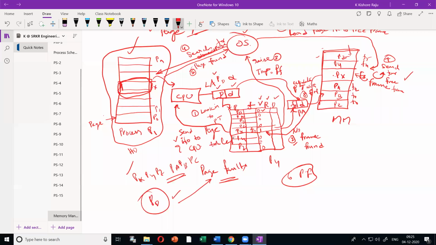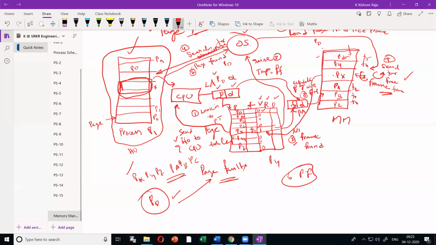When a page fault is raised, what happens? The operating system will take the page fault. Then it will search. Yes, PD is there; PD is a page that belongs to the process. Now PD is found, and I want to load PD. So search for a free frame.